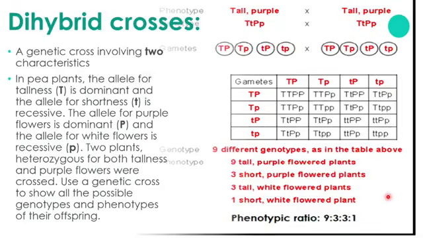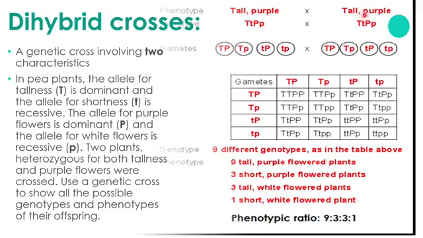Then just very shortly, a dihybrid cross. In a dihybrid cross, we are looking at two characteristics at the same time. This is the last thing that I do with my grade 12s, because the genetic crosses are just a bit longer. There we'll look at, let's say, a flower that is tall as well as purple, and we're going to cross it with a flower that is tall and purple.